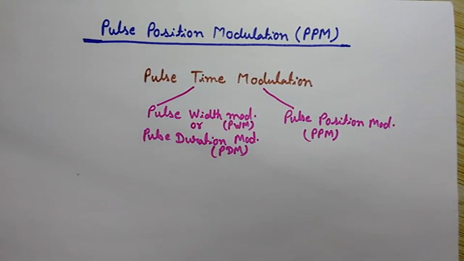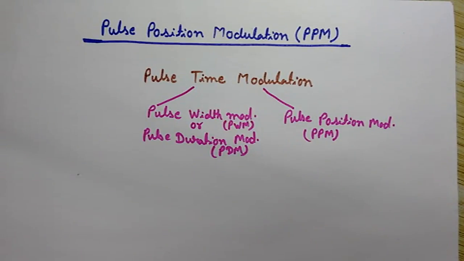As explained in the earlier lecture, pulse time modulation PTM is a technique of modulation where the timing of the pulsed carrier wave is varied according to the amplitude of the modulating signal. So let's not write this because we have already written this definition.